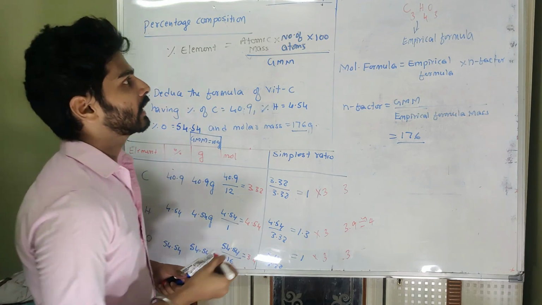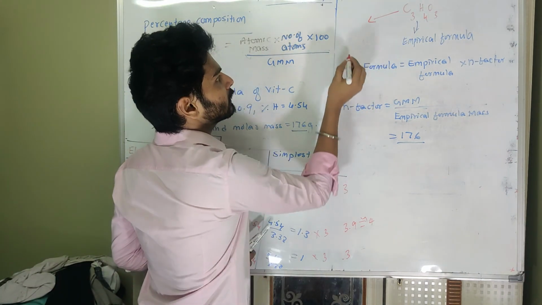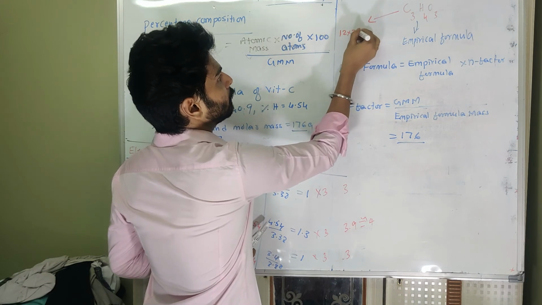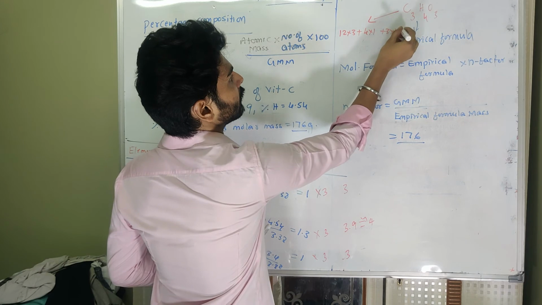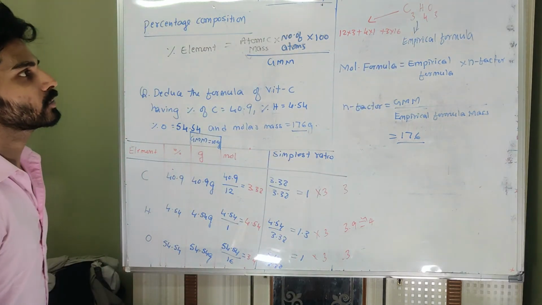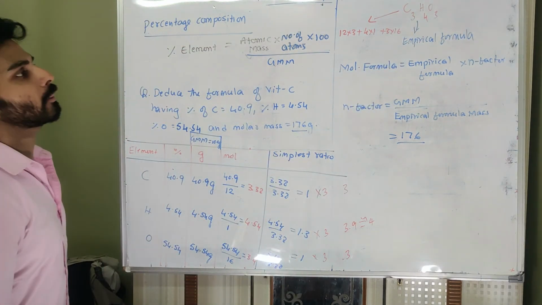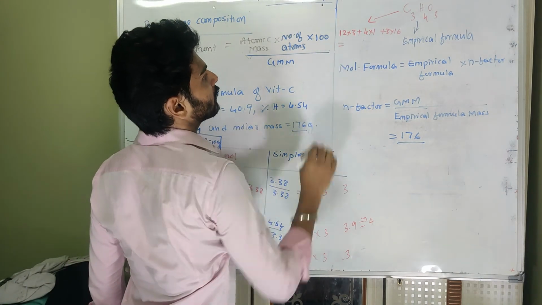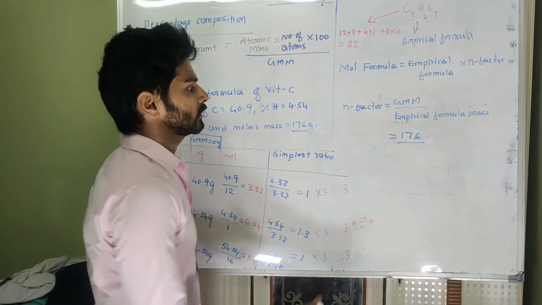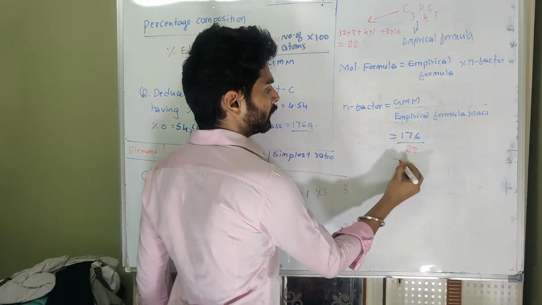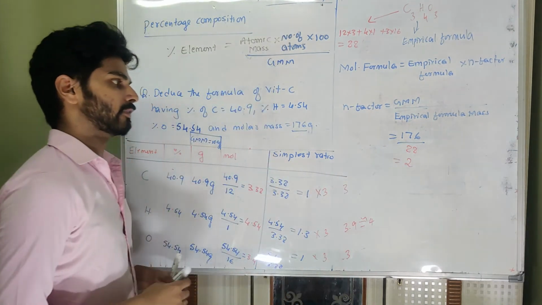We have to calculate the empirical formula mass: 12 into 3 plus 4 into 1 plus 3 into 16. So I'm just taking the number of carbon, hydrogen, and oxygen atoms and calculating their mass. That comes out to be 88. So 176 divided by 88 gives us an n factor of 2.